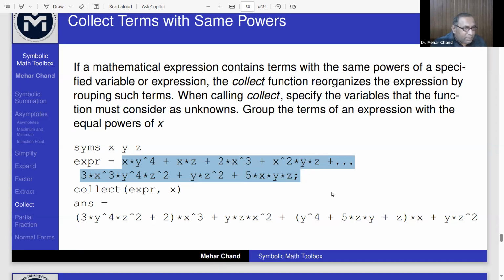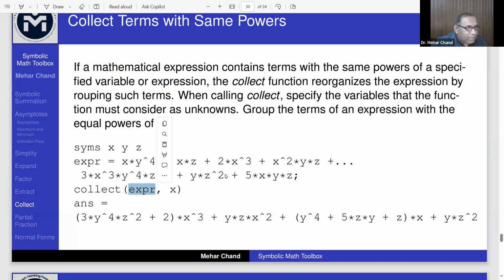We want to collect the coefficients of x powers. So you will use the collect function, and at this place we will enter the entire polynomial which is stored in the expression.